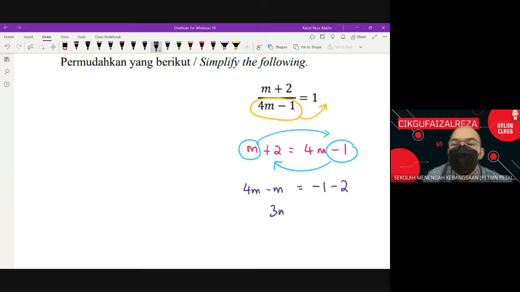So 3m equals to -3. M is going to be -1, isn't it? Wait, for m bring there, -1, -1, -2. M equals to -1.